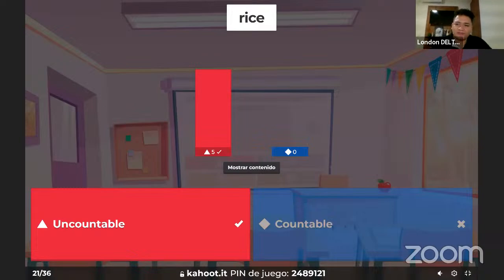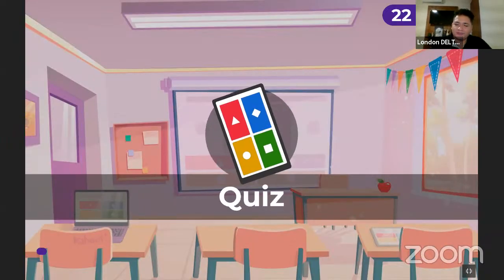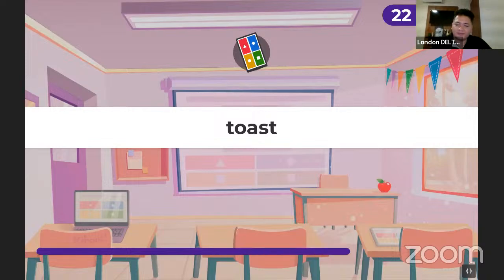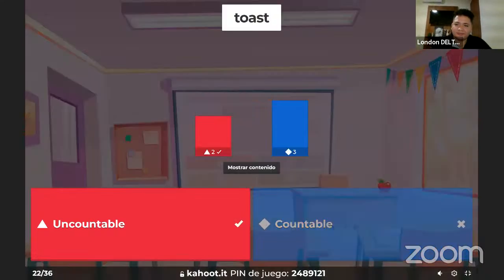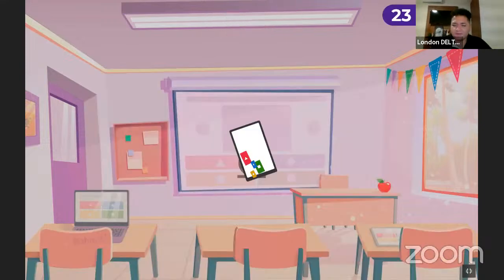Very well. Toast is, we could think about el pan tostado. Okay, so we could say that toast, the bread, pan, sería incontable.